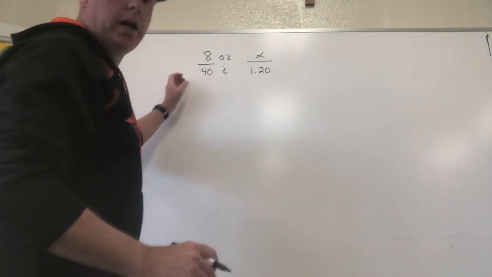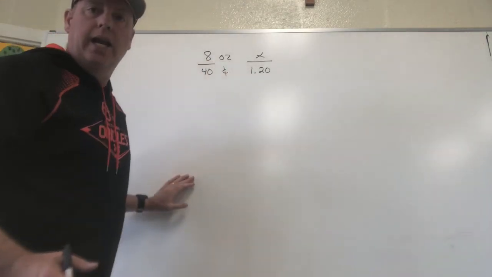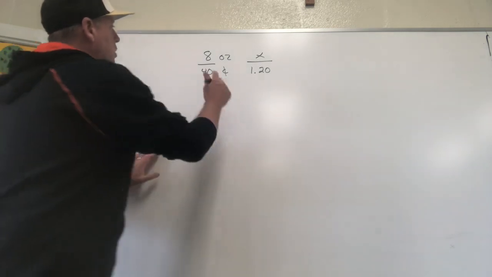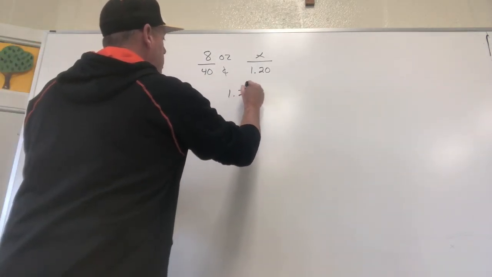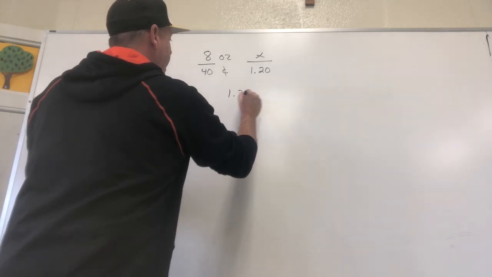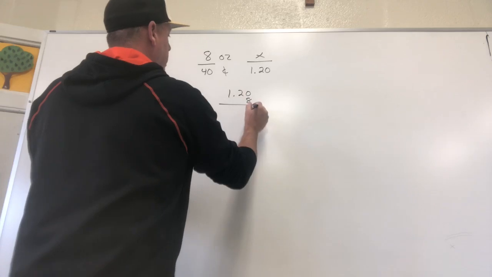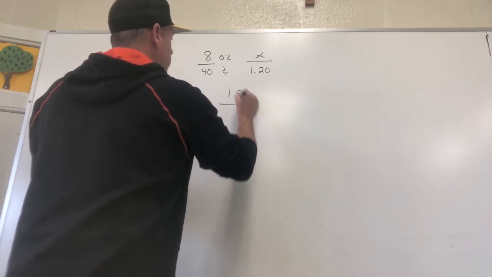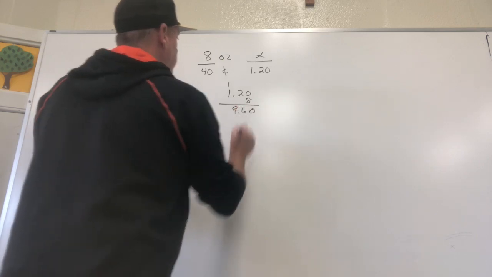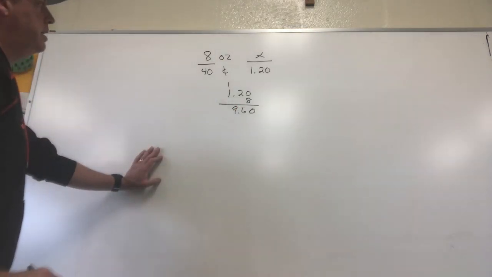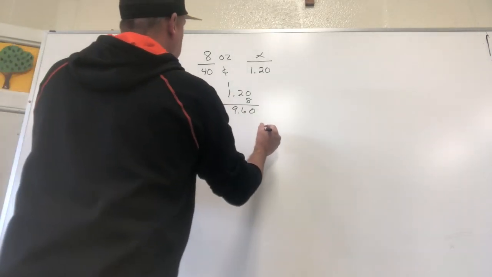So I cross multiply and divide again. $1.20 times 8 ounces, and then I'm going to divide, but I need to do this first. $1.20 times 8 is $9.60, divided by 40.